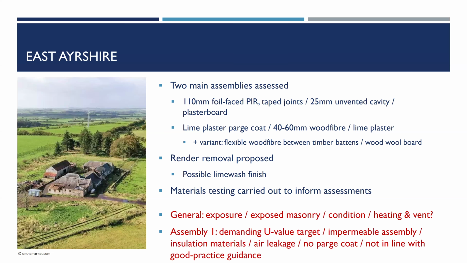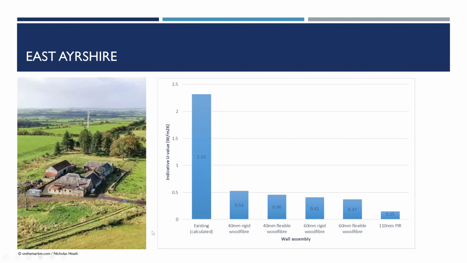And for the first assembly, the foil-faced PIR, there's a very demanding U value target. It is impermeable. The insulation materials can't handle water apart from blocking it off. There's potential for air leakage. There's no parge coat. It's not in line with good practice guidance. So I wouldn't expect that to show good risk profiles.